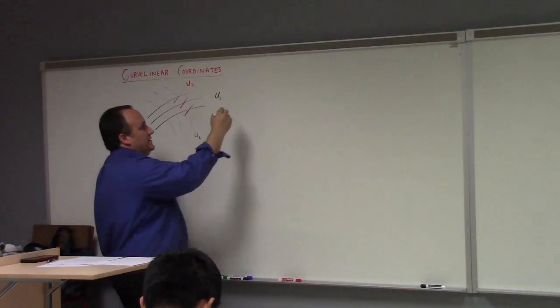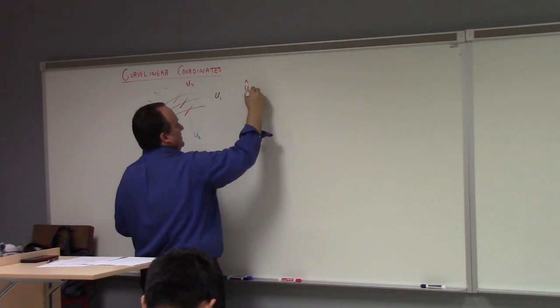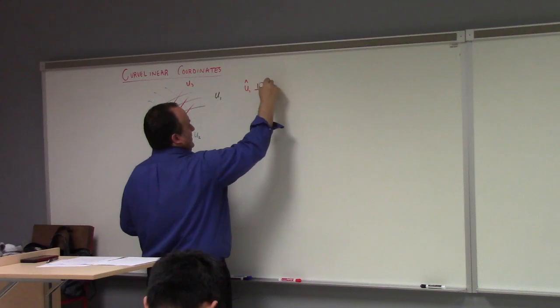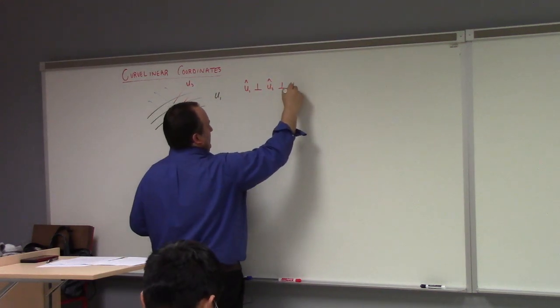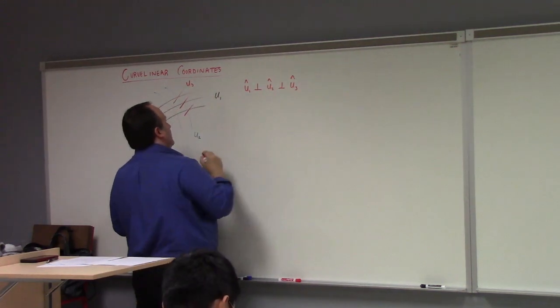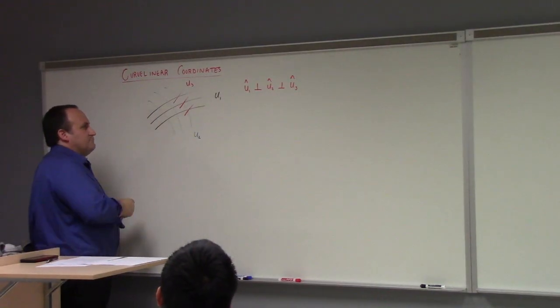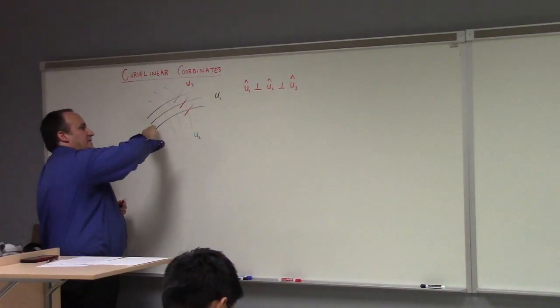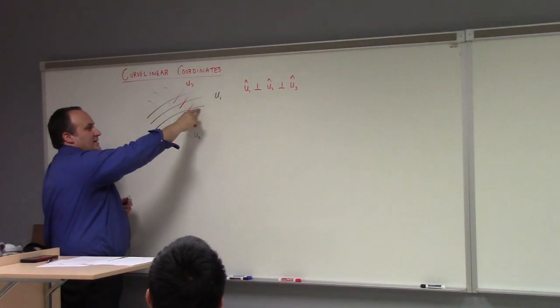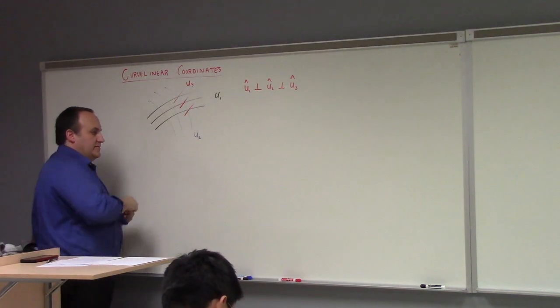The point is that U1 hat is perpendicular to U2 hat, and that's perpendicular to U3 hat. On a given U1 line, U1 is changing along it, but U2 and U3 would be fixed.